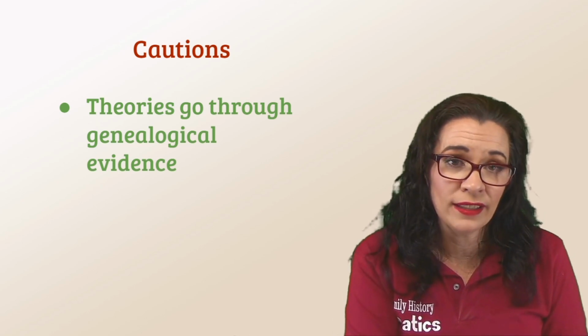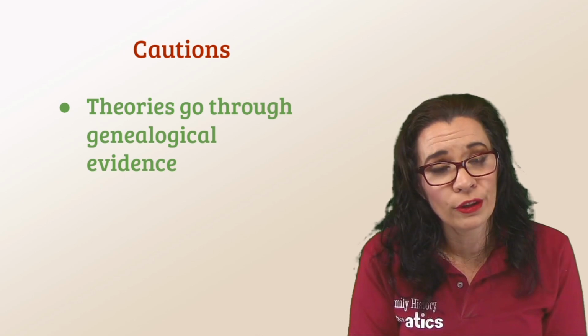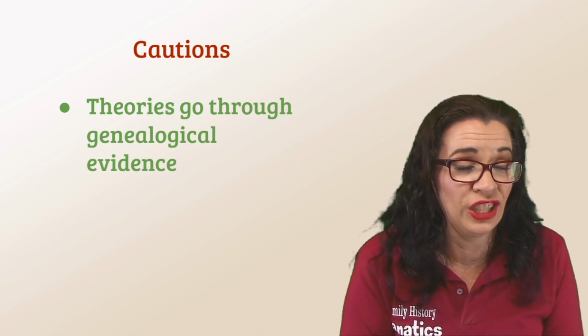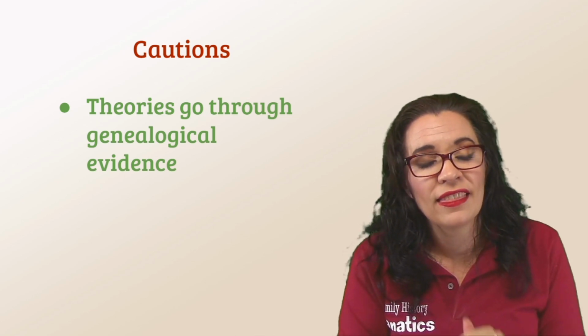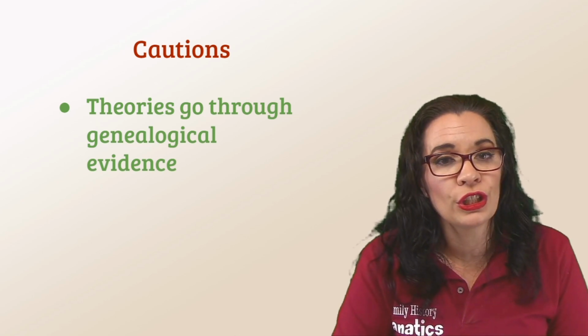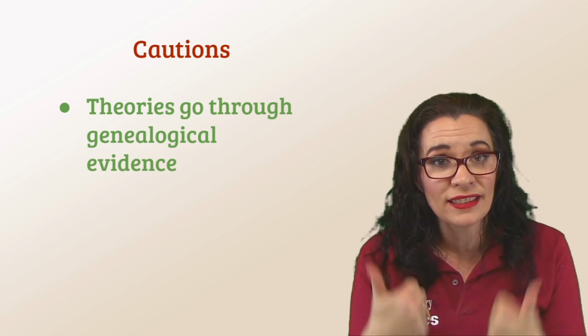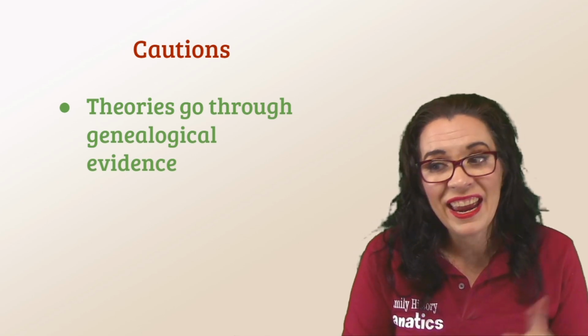You cannot determine if those theories, those paths, are accurate without doing a little genealogical research along with the genetic theories and matches. So be sure that you don't just see a theory and think that's number one, because it could be wrong.